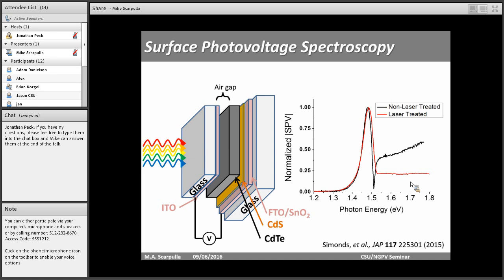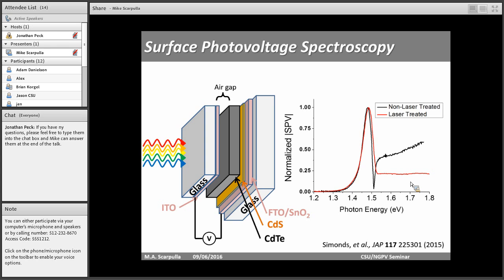We're doing this with a chopped light and a lock-in amplifier, so we can get the in-phase and out-of-phase components as well as the phase angle. We transferred this into the modulus, and the little dip just above 1.5 eV is indicative of the signal changing sign. So we're getting a phase shift above that energy. Of course, that energy corresponds to the band gap of cadmium telluride.